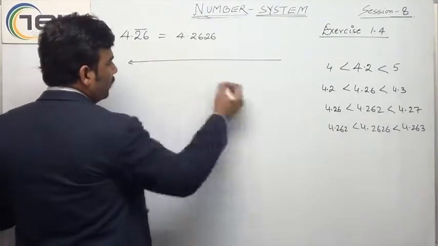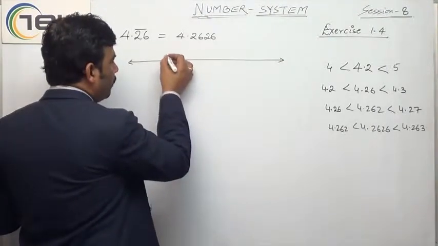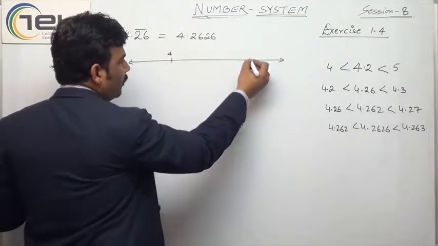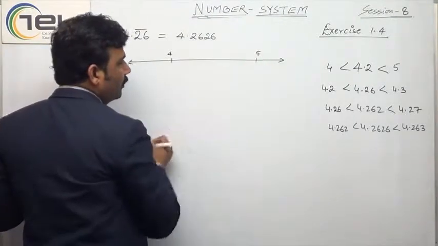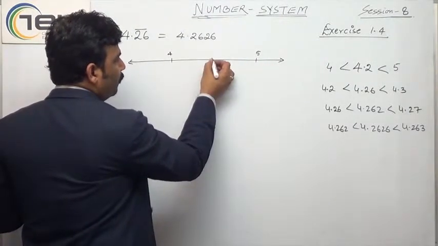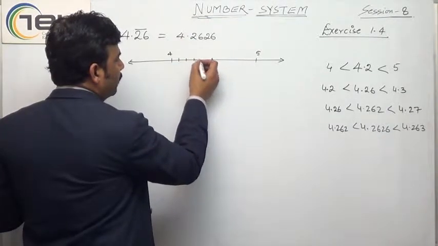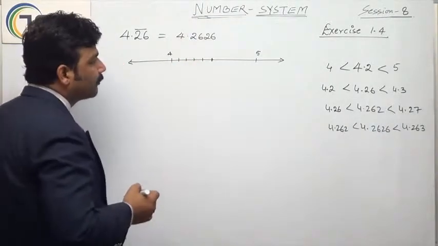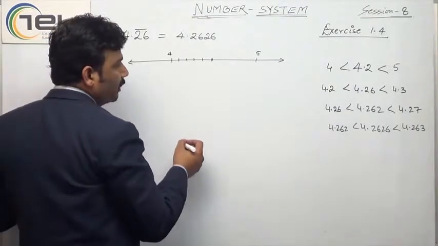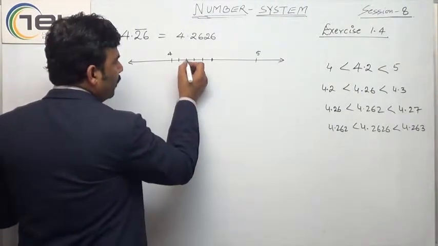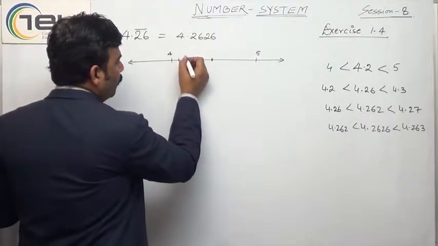I'm not taking the numbers here and here. I'm just writing 4 here, and 5 here. This is the midpoint, 4.5, and I represent this in 4 different parts. So where is 4.2? Here I have 4.2.